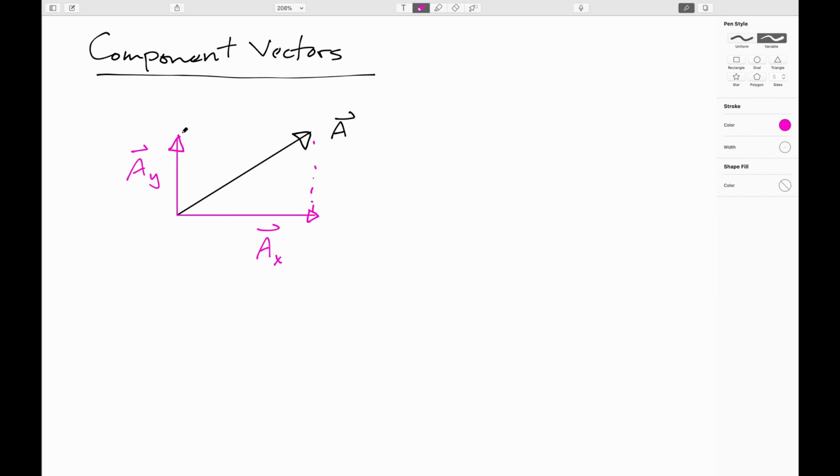Now, if I add these two, here I'll just add them by the parallelogram rule. There we go. We see that A sub x plus A sub y will equal my vector A. So A sub x and A sub y with the little vector signs over them are known as the component vectors of A, just like the components of a car.